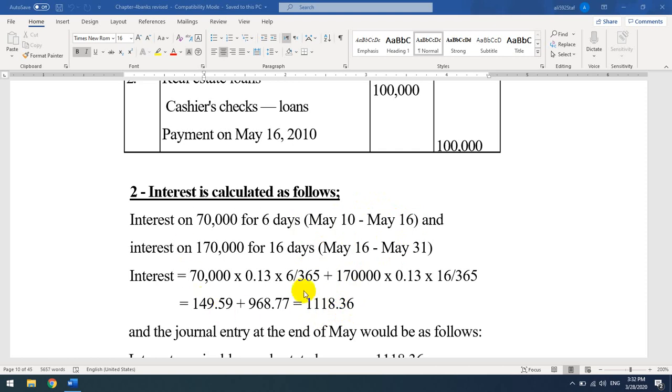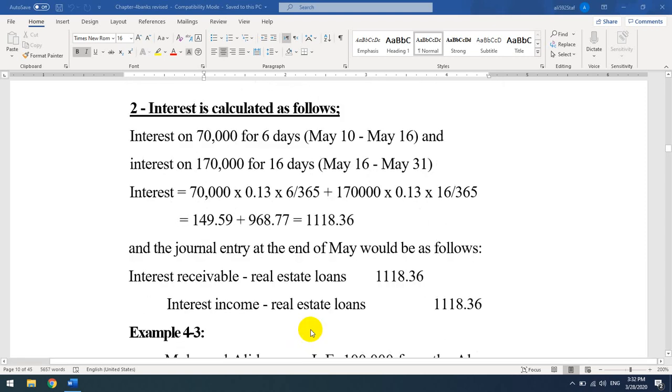This is the amount of interest on the real estate construction loan during May. How to record this amount?